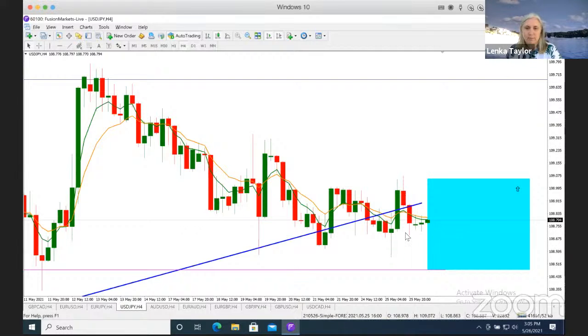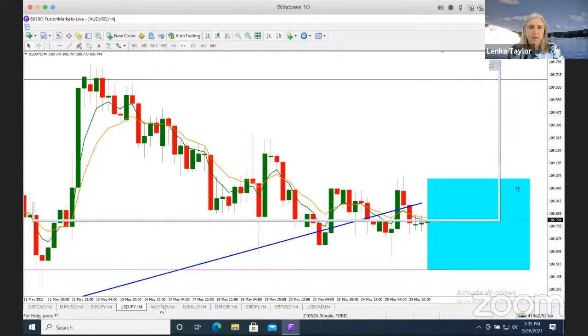Something like this, an inside bar followed by a bullish engulfing. This is where I got tipped out on that bottom there. So if I was to enter again, I would put the stop loss a bit lower there, under that pin bar somewhere. Yeah, still waiting on that one.